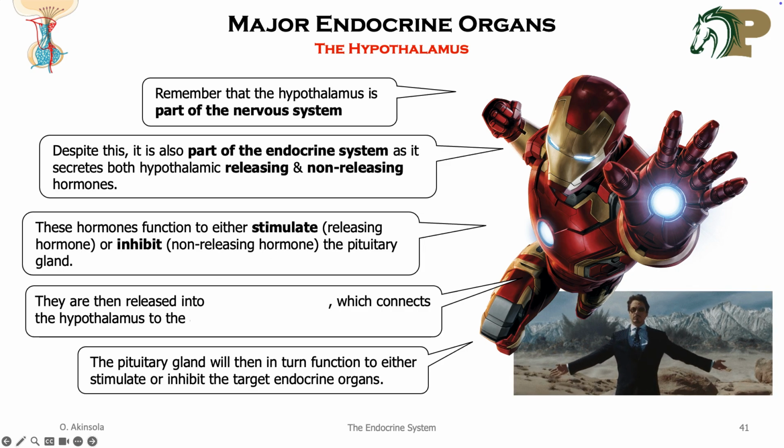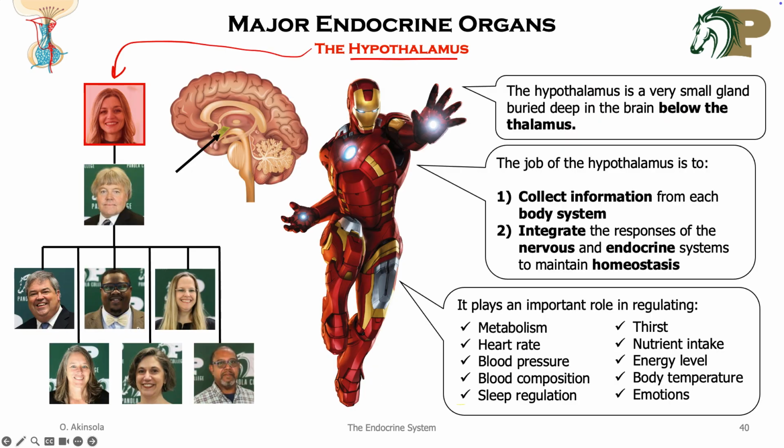Once again, coming back to this example here, Dr. Pace, being the president of Panola College, will direct instruction or orders to one of her vice presidents, who is pictured here, Dr. Adams.